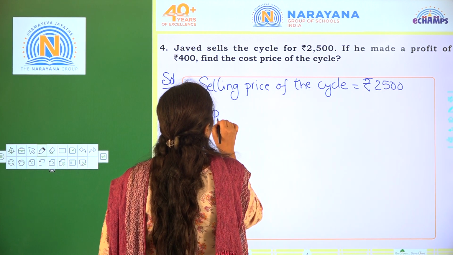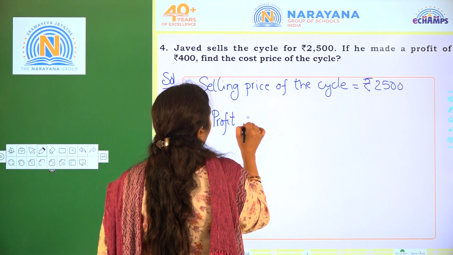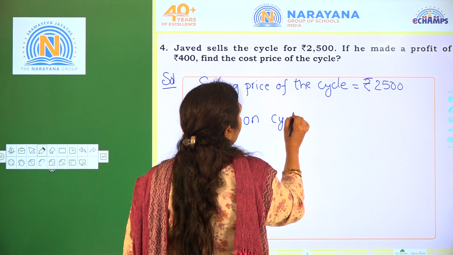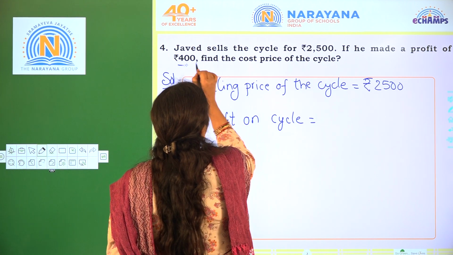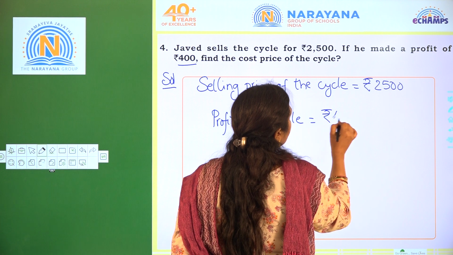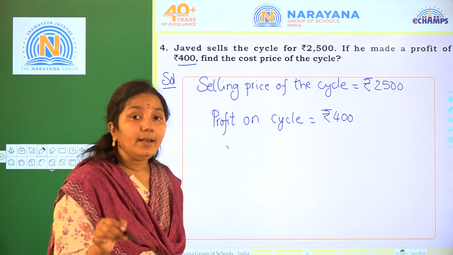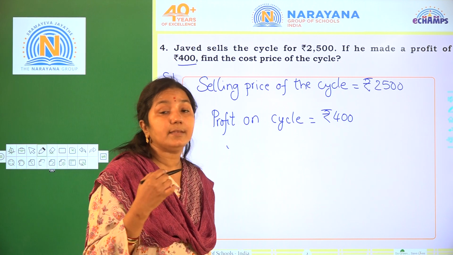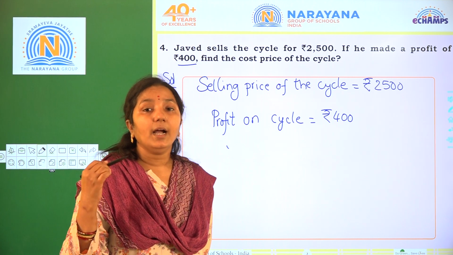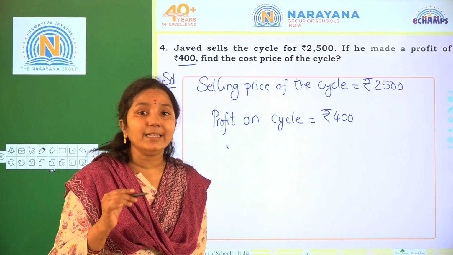The profit on the cycle is 400 rupees. So he made a profit. We know the selling price SP of the cycle and we know the profit. We have to find the cost price.